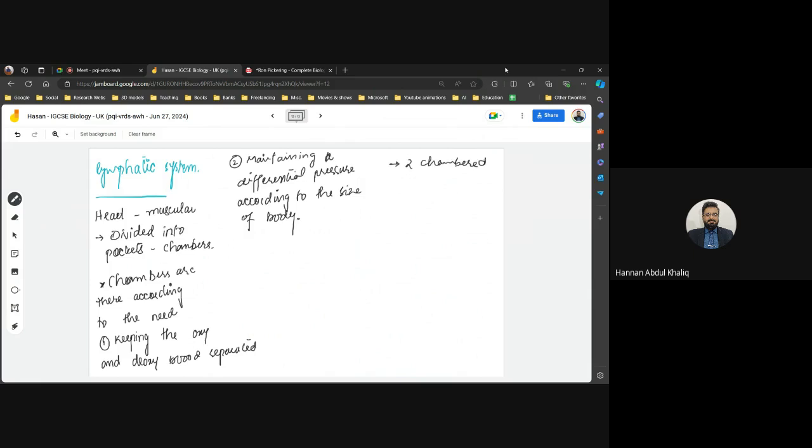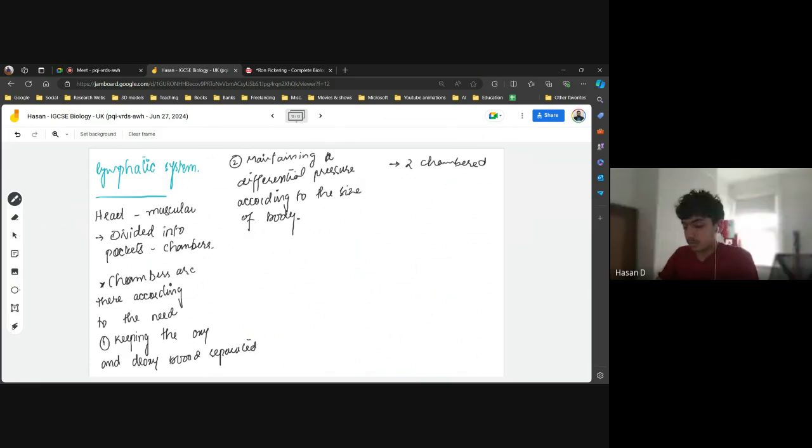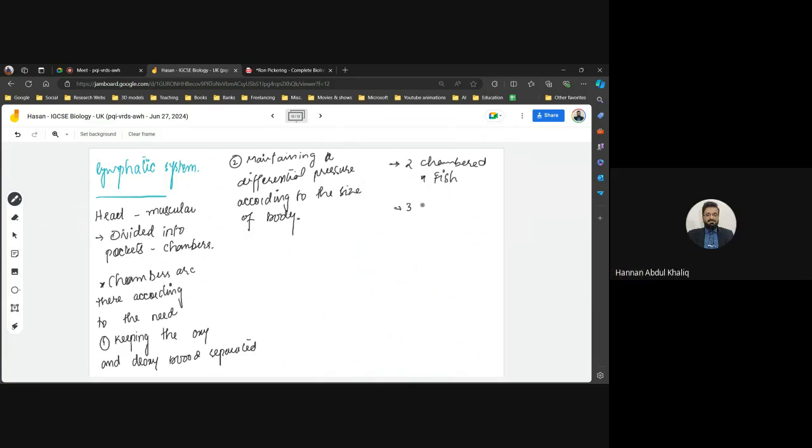You know which kind of organisms possess a two-chambered heart? Um, I think I've heard. Is it fish? There are three-chambered hearts found in amphibians and reptiles.